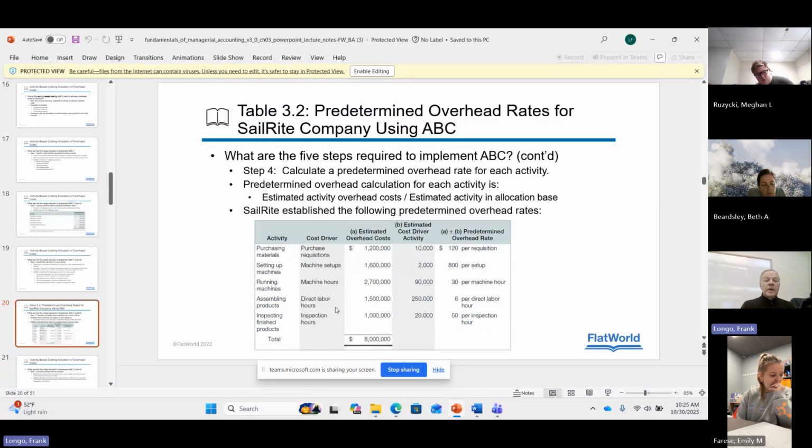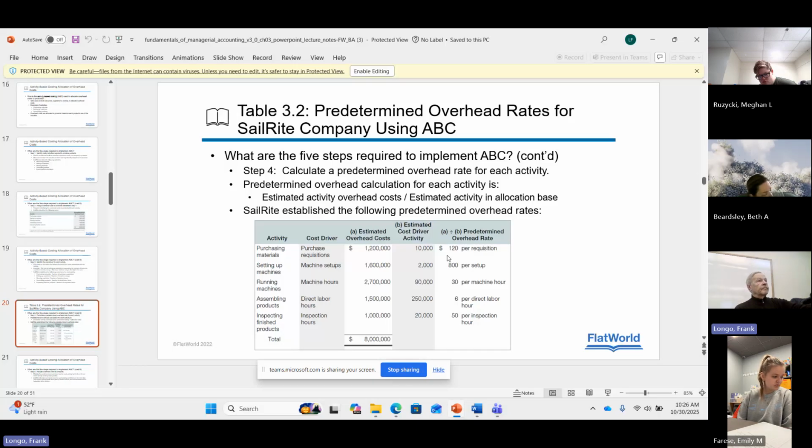So we divide the estimated overhead cost of $1,200,000 by the estimated driver, which would be 10,000, which gives us an estimated cost or a predetermined overhead rate of $120 per requisition.